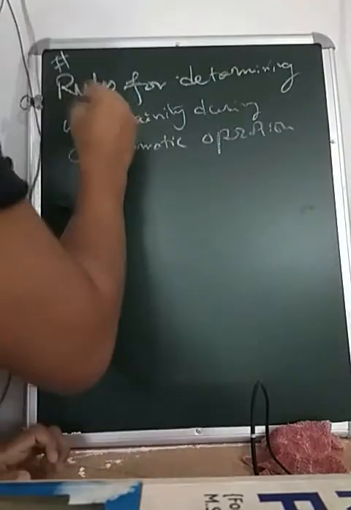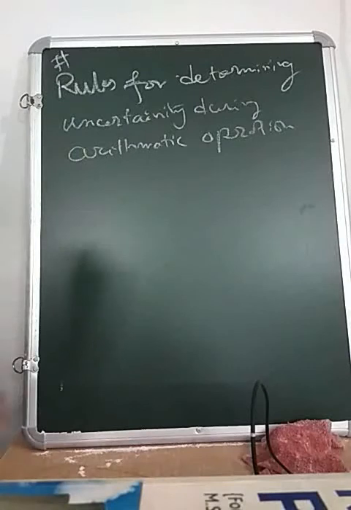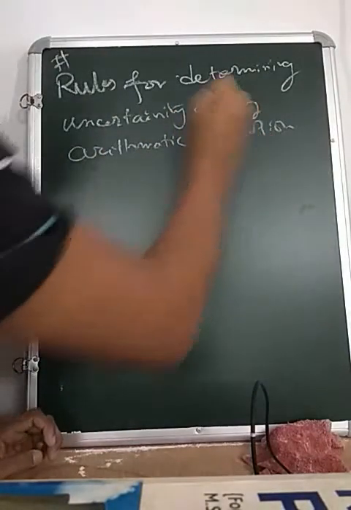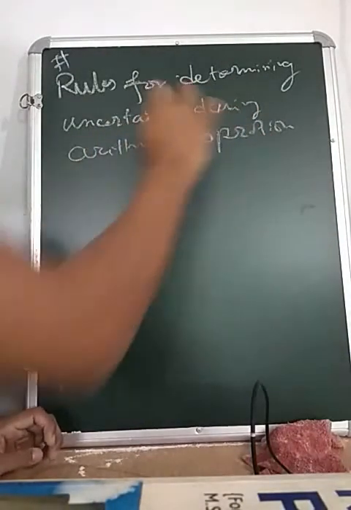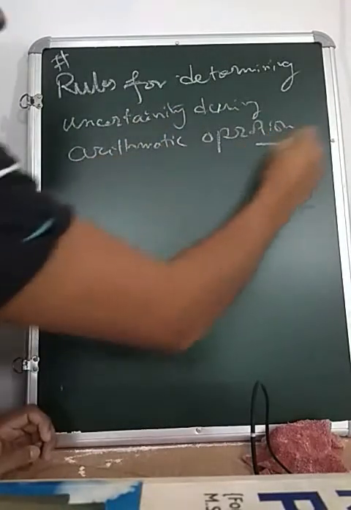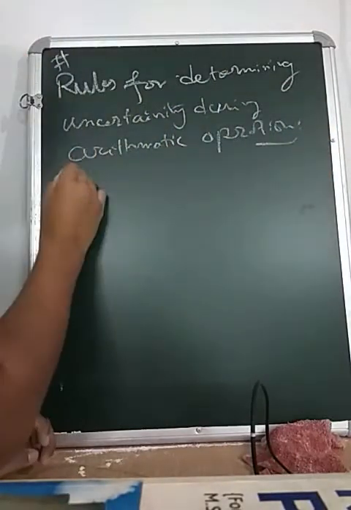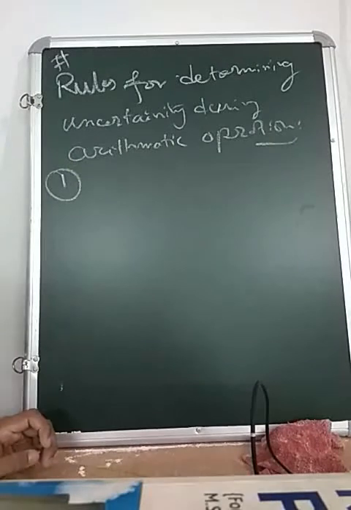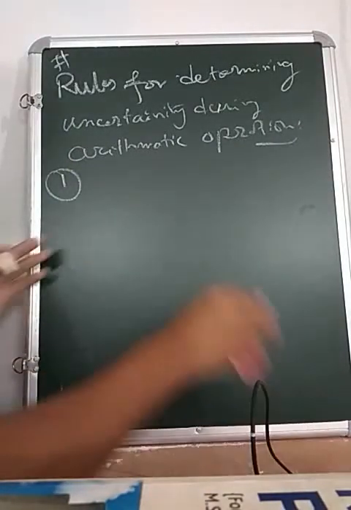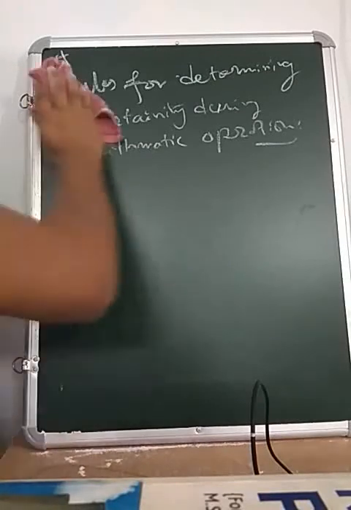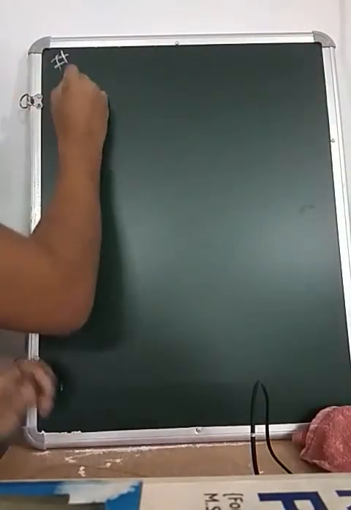Now we discuss the rules for determining the uncertainty during arithmetic operations. Here we take some examples. First one, it is about how we determine the uncertainty. The example is taken from the book.